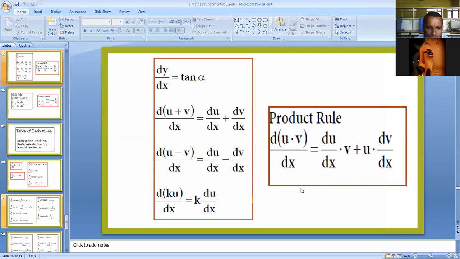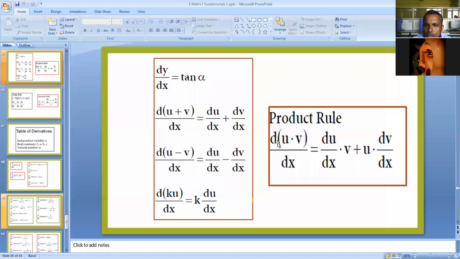And what is that product law? Do you know that product law in differential? That is d/dx of u into v. So it is first into derivative of second plus second into derivative of first.